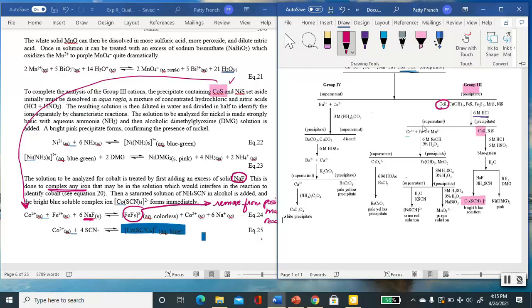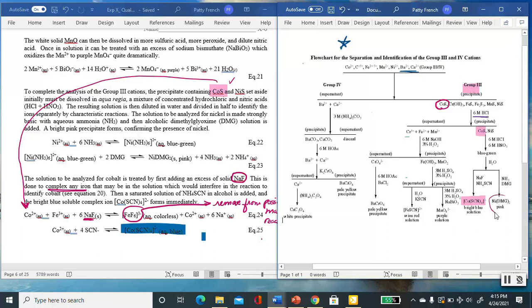After separating it from chromium, iron, and manganese, we added that aqua regia to it to dissolve it, then added water, mixed well, and split it in half, right? We tested half for nickel by using the dimethylglyoxime.